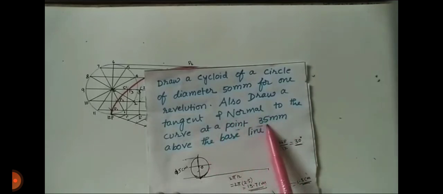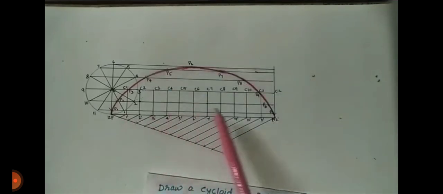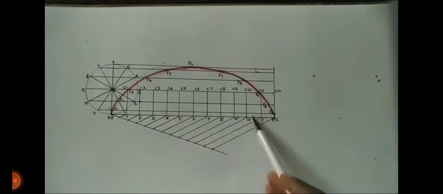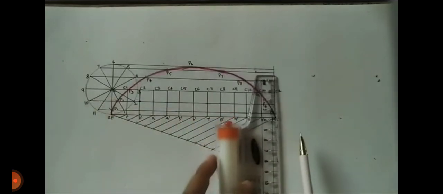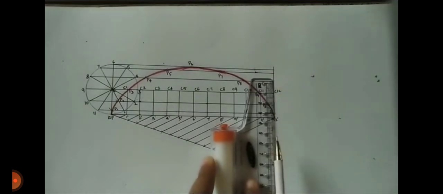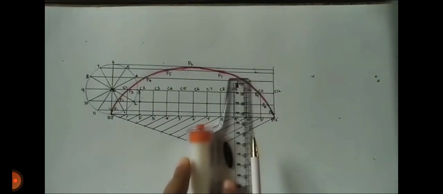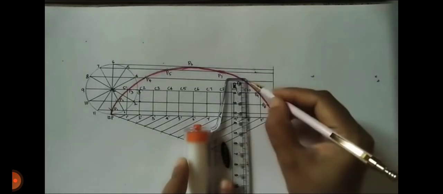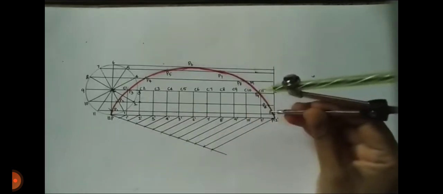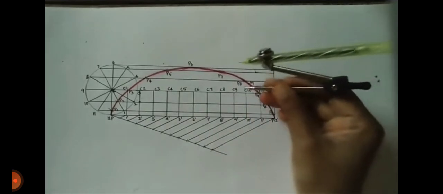What is the statement of our problem? After drawing the cycloid, draw the normal to the curve at a point 35 mm. Take a distance from the baseline upward of 35 mm and cut the curve. Name that point M. The distance between M and the baseline is 35 mm.